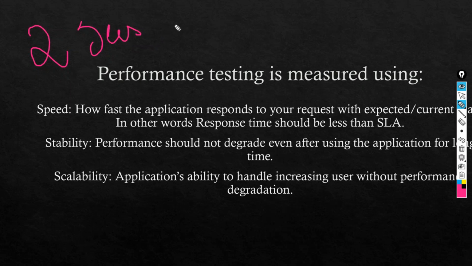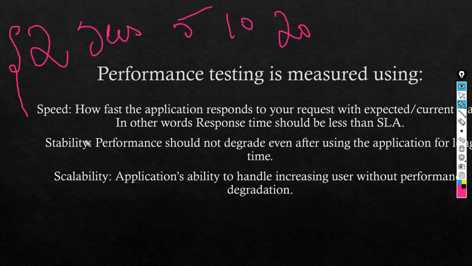The response time should not be 5 seconds or 10 seconds or 20 seconds. No, the performance should be stable. The response time should be stable. Just as the application responded in the first 1 hour, it should respond in the same way throughout the test, or in the last 1 hour also. That is stability.